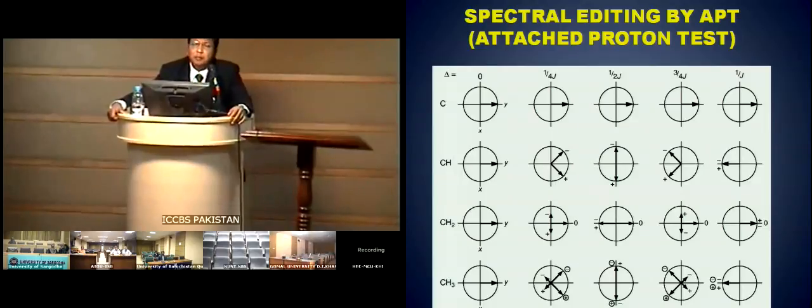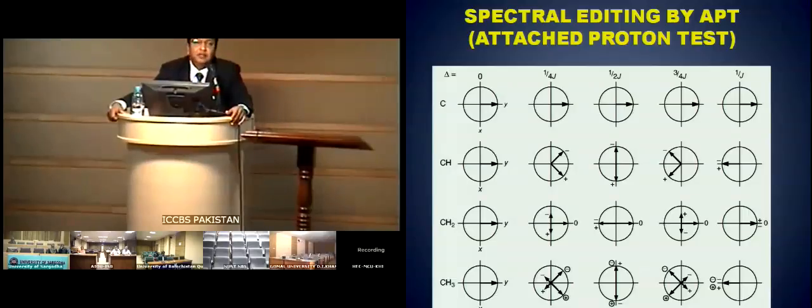And then we moved into the history and started discussing different options when people had a fully coupled C13 NMR spectrum and were not able to interpret the results.